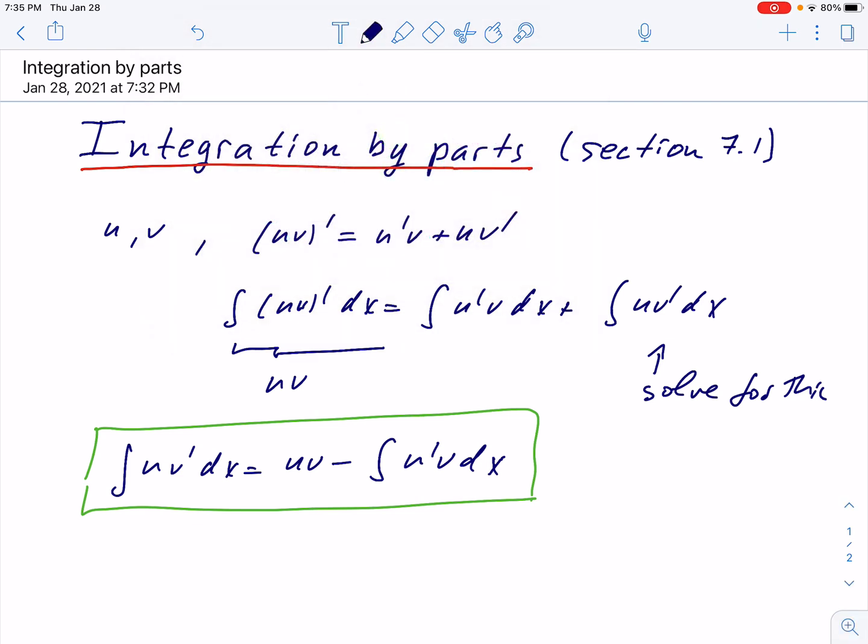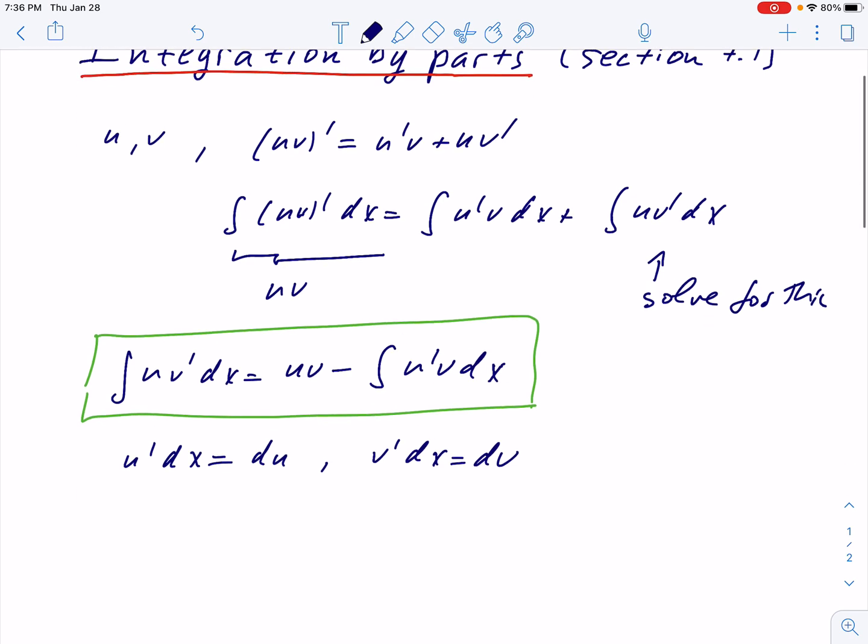Okay, now remember again how we write differentials of functions. U prime dx, this is du, differential of function u. V prime dx, this is dv. If we replace this in the above formula, it can be written integral u dv equals uv minus integral v du.